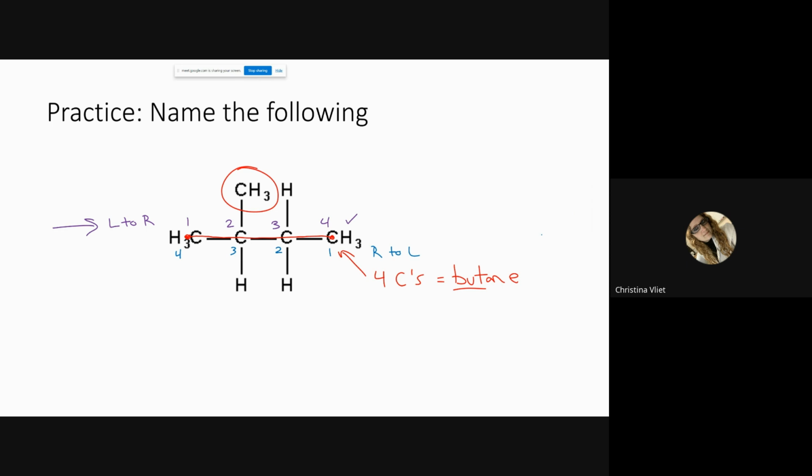Will right to left be correct sometimes in some molecules? Yes. It's whatever gives your substituents the lowest number. If you're a visual person, you may be able to see this pretty easily, because whichever end the substituents are closer to, that would be the one where you place carbon 1.